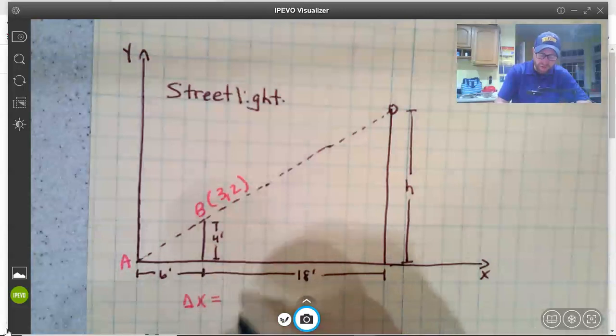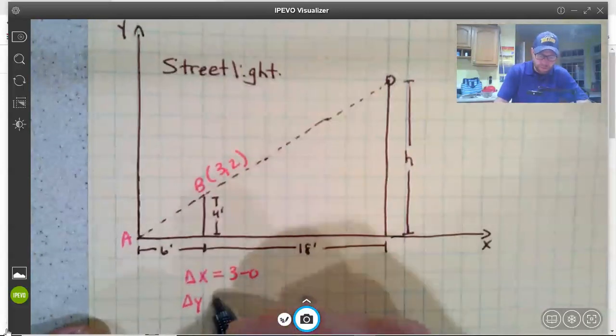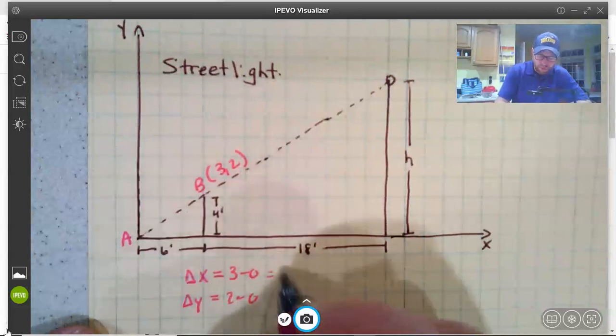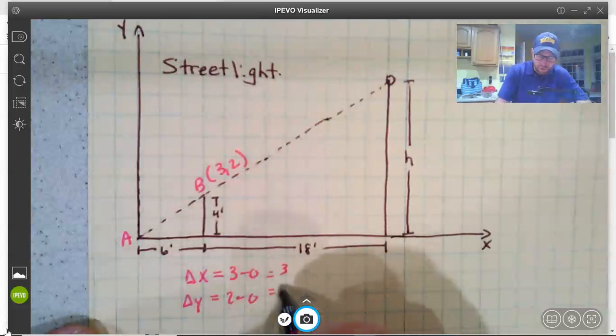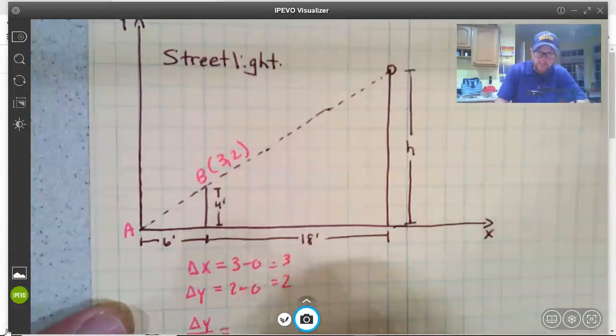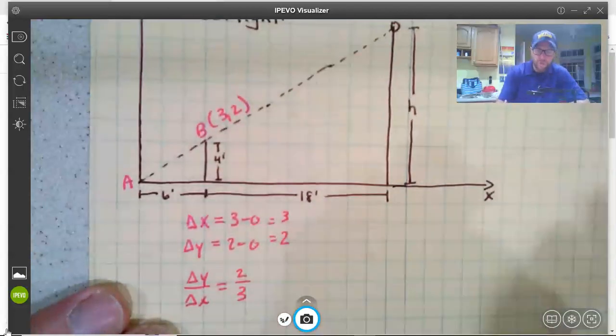Our change in x is 3 minus 0, and our change in y is 2 minus 0. So our slope, which is change in y over change in x, is 2 over 3.